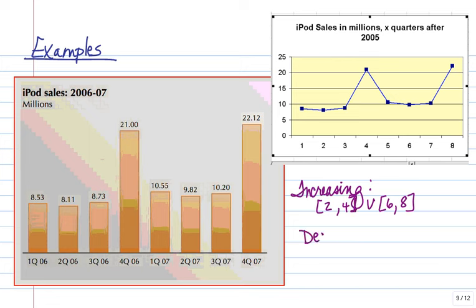And then where did it decrease? It was decreasing on the interval from 4 to 6. Okay. Now we're going to see this with algebraic functions, but it's the same principle that you're doing. You're reading the graph, looking visually to see if it's rising or falling, or if it's not moving, that is, if it's horizontal, and then answering with the values of x.